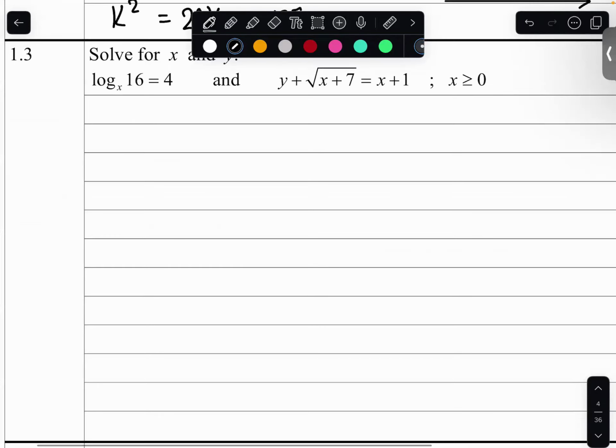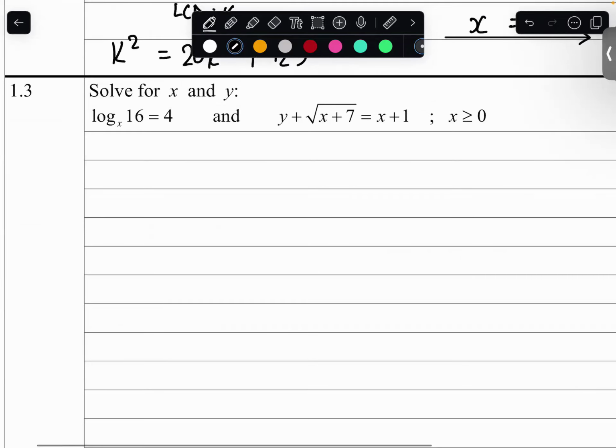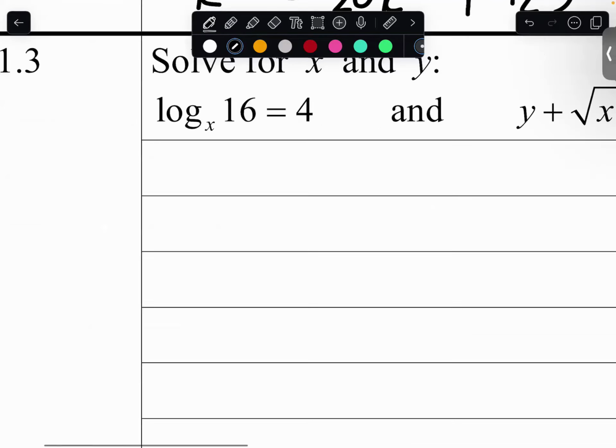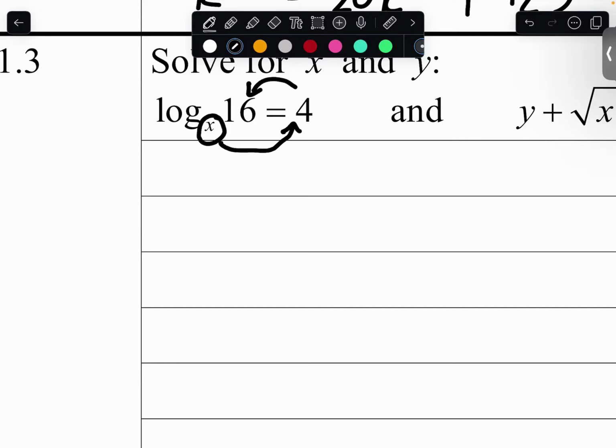Okay, right. Solve for x and y. First, we're going to have to take this out of log form because we don't know how to deal with that right now. So when we take this out of log form, we say it's this raised to this equal to this, right?